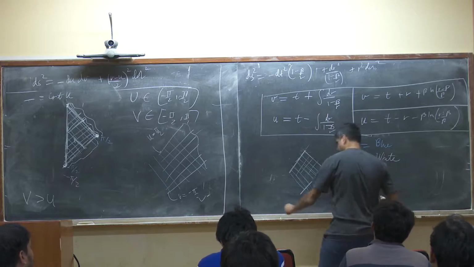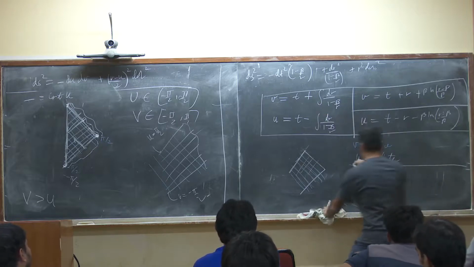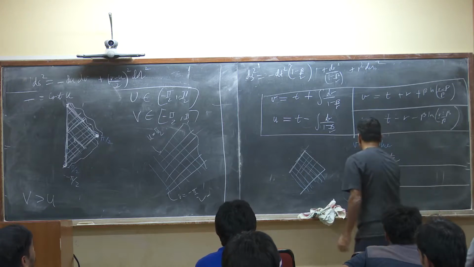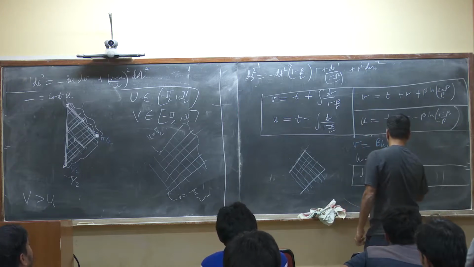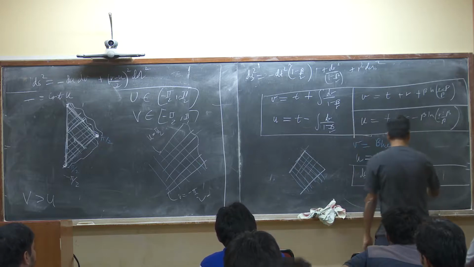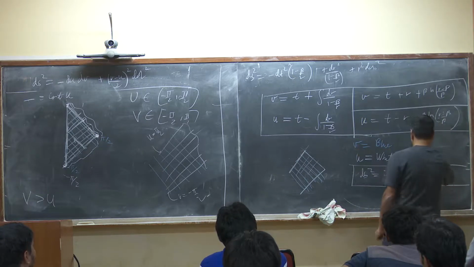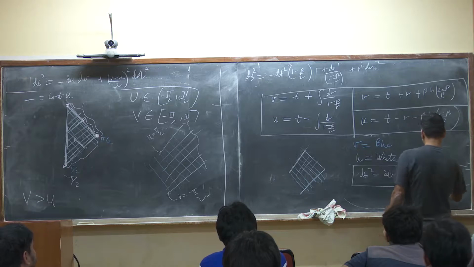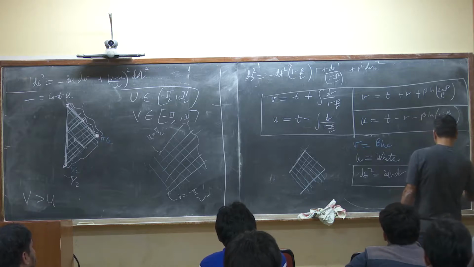Let me write down the metric also, just so that you have that in front of you. We have ds squared is equal to 2 dv dr, plus minus (1 minus beta by r) dv squared plus r squared d omega 2 squared.